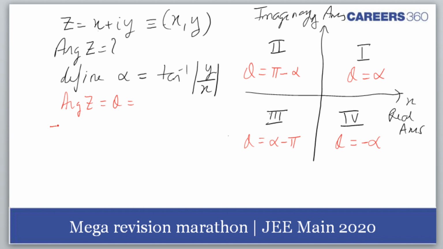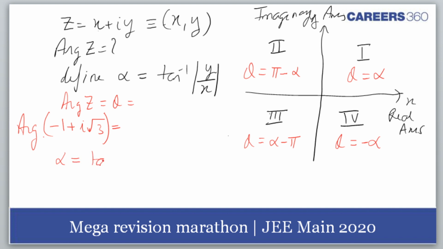So can you figure it out? What is the argument of the complex number minus 1 plus iota root 3? Can somebody tell me? Minus 1 plus iota root 3 argument. What would that be? So for this, quickly we'll define alpha.